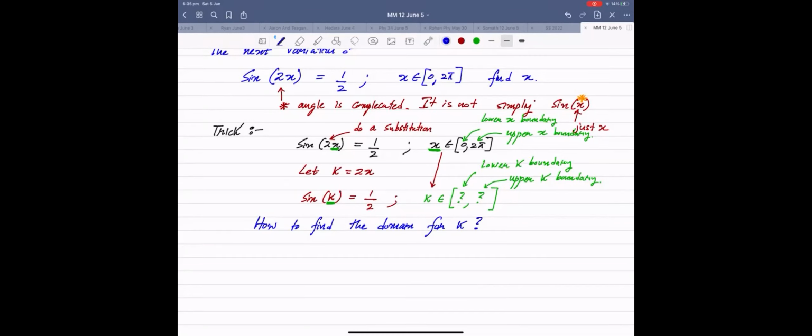Because 2x is equal to k, so the domain for k should be double. Exactly. This is stupidly easy, right? You see what Inaya is saying? Look at our substitution and look at our k domain.